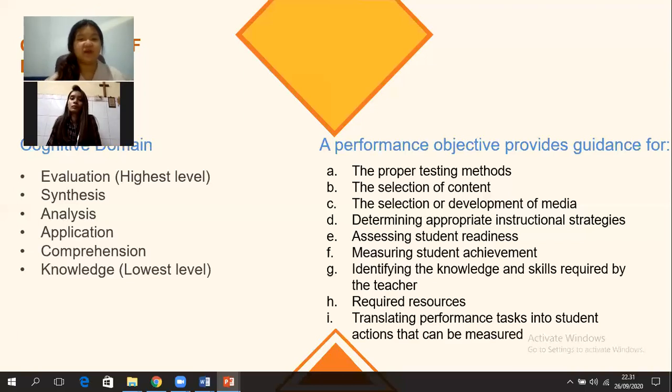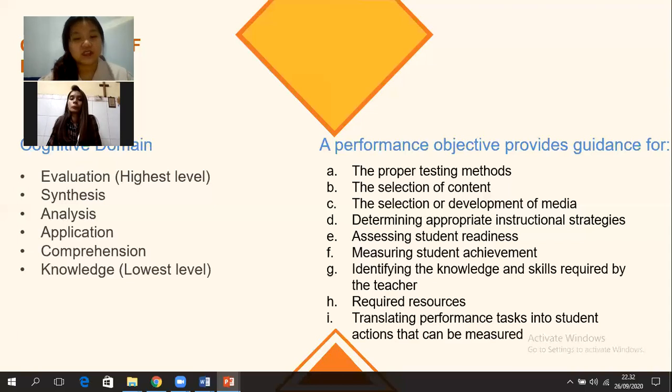And then a performance objective provides guidance for the proper testing methods, the selection of content, the selection or development of media, and then determining appropriate instructional strategies, and then assessing student readiness, and then measuring the students' achievement, so that the students know what to achieve, and then identifying the knowledge and skills required by the teacher and the required resources.